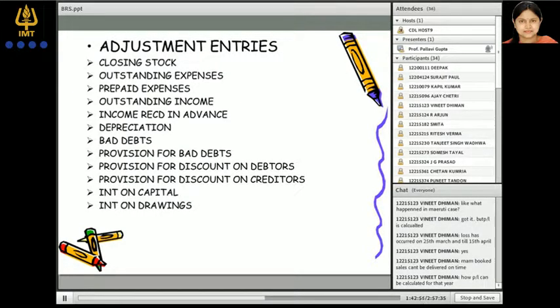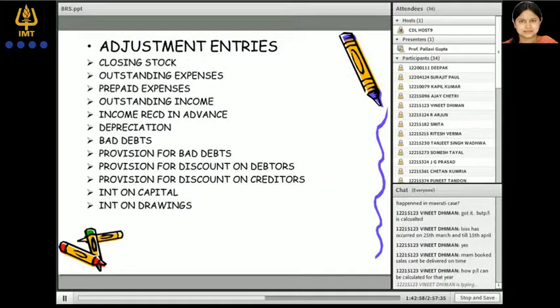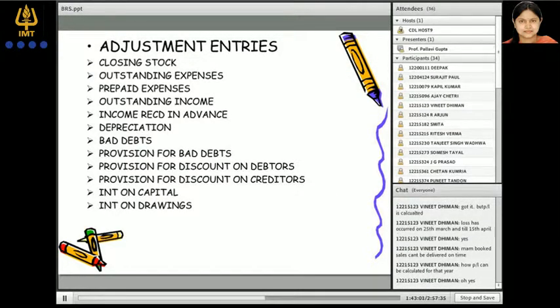You mean to say that Maruti has gone through the strike, so it must have received bookings. Yes, it has received bookings, but those bookings are not sales. Those bookings are advances. So they will be booked as advances, they will not be booked as sales. Accounting is very systematic.